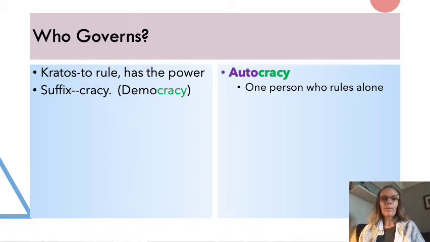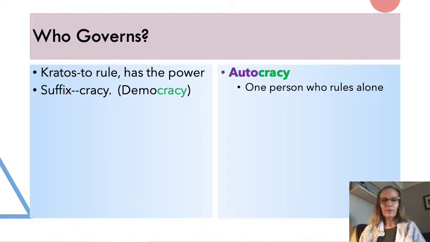And so when we think about autocracy, it's a type of government where one person rules alone, okay? And so a good example of a person who rules over an entire territory alone would be a monarch, okay? A king or a queen who basically can make all the decisions, put those decisions into action, and settle disputes when they arise. They alone rule.